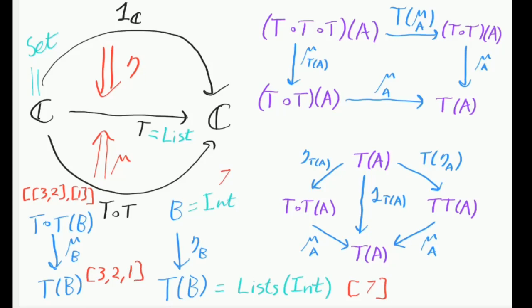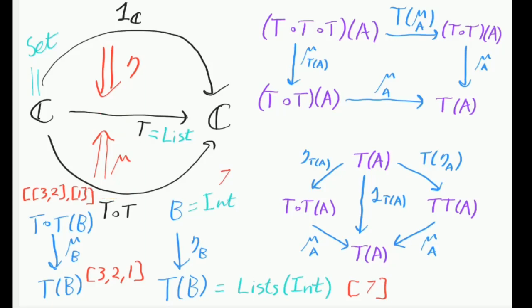So in this case here, where the category C is Set, we can see that this monad consists of some kind of container described by this endofunctor T, some kind of way to put information into the container described by the unit, and some kind of way to flatten things.